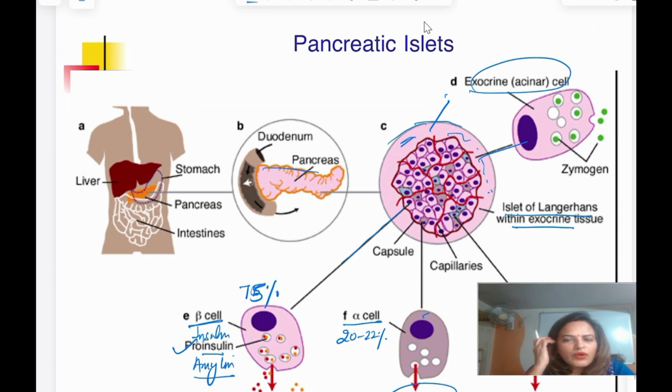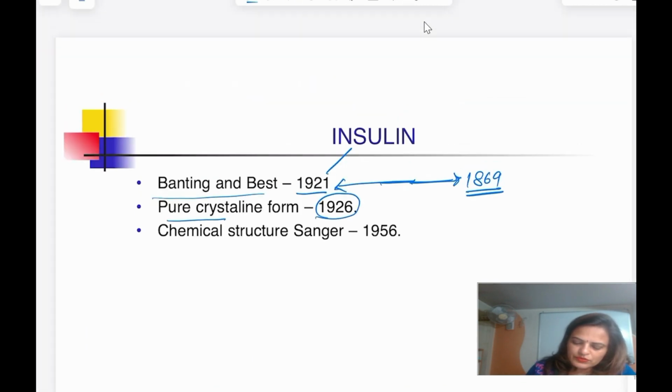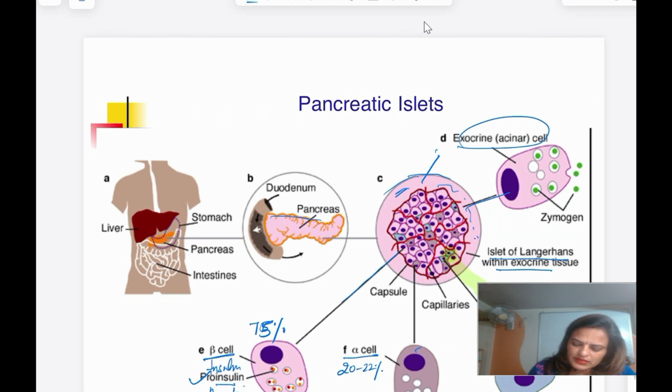And then a small amount of these blue color cells. You cannot see them here because of my face, so I'll highlight this. This blue color cell is around 2 to 4%.